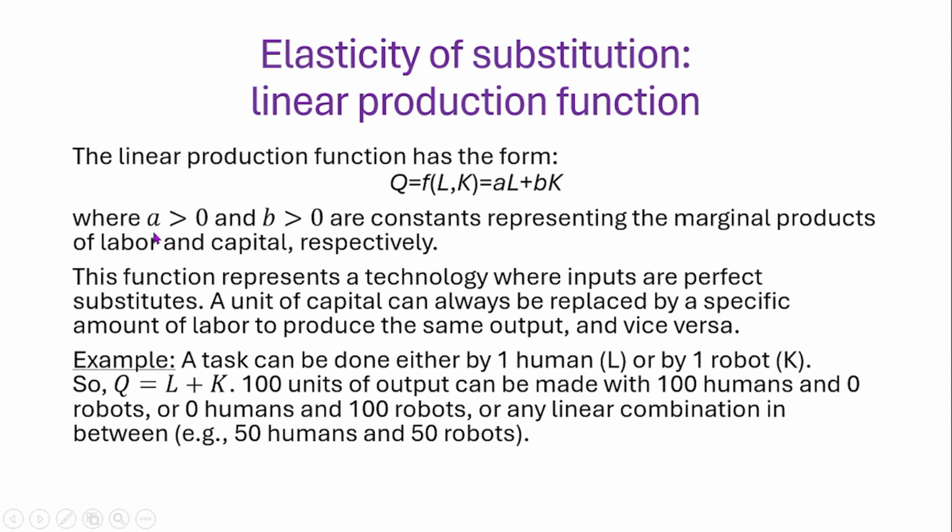Alpha and beta are both greater than 0. The linear production function provides a quantity which is proportional to L. That means a fixed amount increases or decreases in this production function.